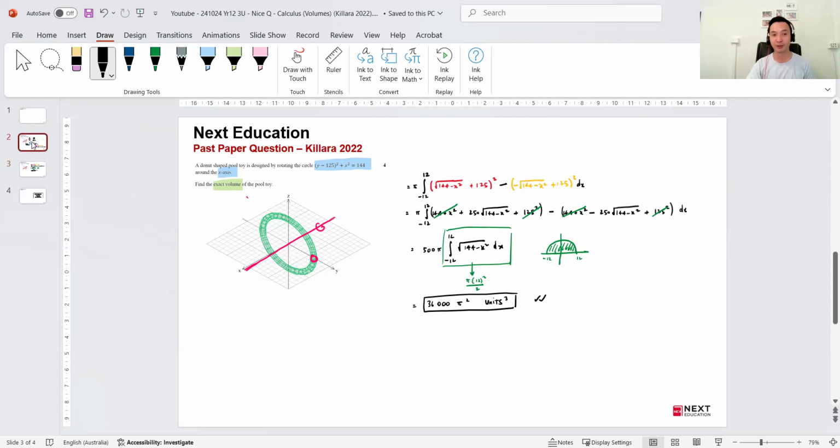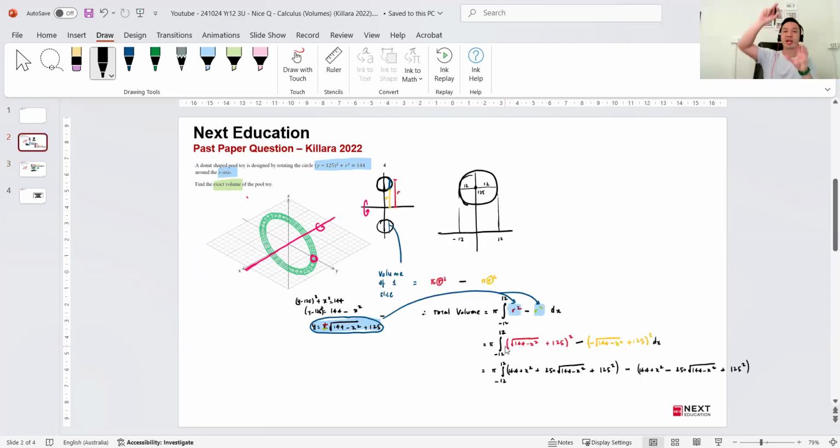So let me recap, right? Because we have a circle rotating about the x-axis, it creates a donut shape. How do you find the volume of a donut? You basically take one slice of that blue line there, you split the blue line into yellow and red, and you rotate those about the x-axis, which means when I find the total volume, it will be pi r squared on the red minus pi r squared on the yellow.